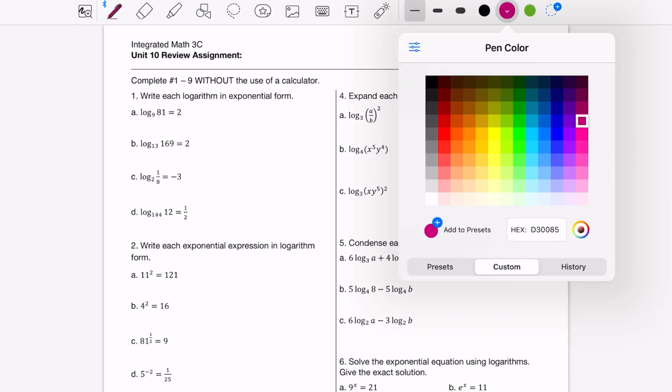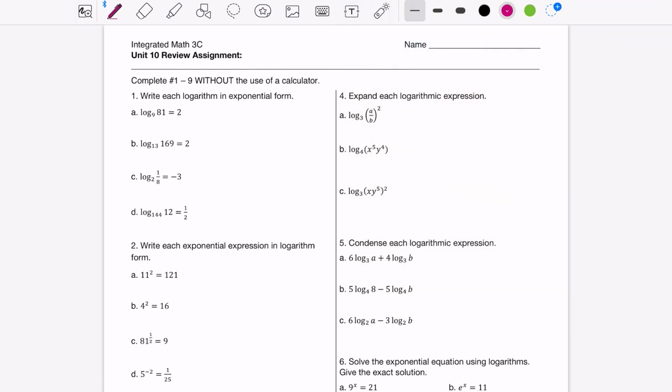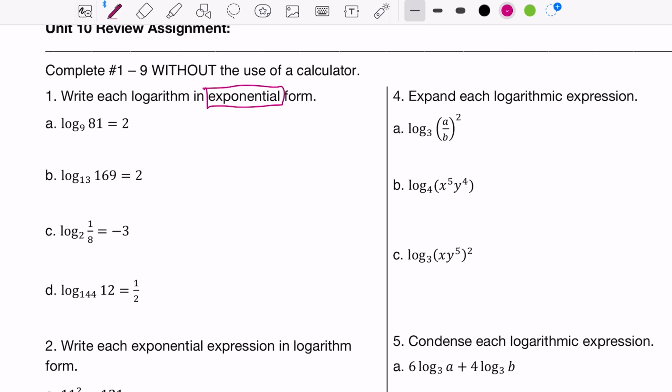Okay, the first problem says to go ahead and write each logarithm in exponential form, so make sure that you read your directions carefully. Because it's in exponential form, we're gonna use the e. So you start with the 9, and then it's going to go to an exponent of 2 and come around to 81.